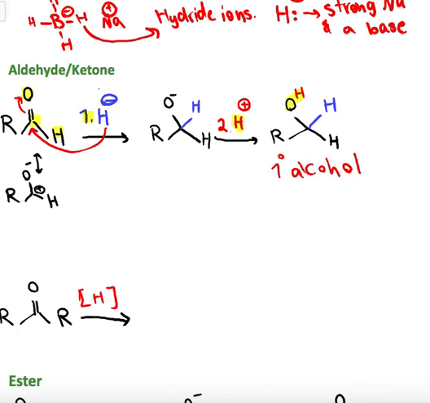So the product for ketone is going to be a secondary alcohol, because now we have 2 R groups attached to it. This is a secondary alcohol. Okay, so aldehydes and ketones, we can use sodium borohydride. It's a pretty safe reagent to work with, and we get primary and secondary alcohol respectively.